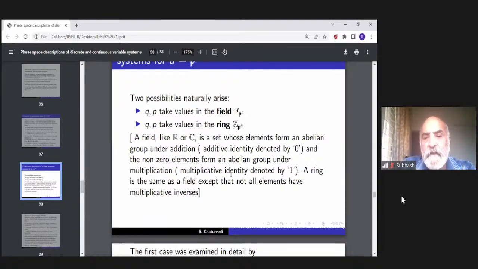Because by the fundamental theorem, any integer can be expressed as a product of primes, so prime powers. So it suffices to restrict to one or the other.